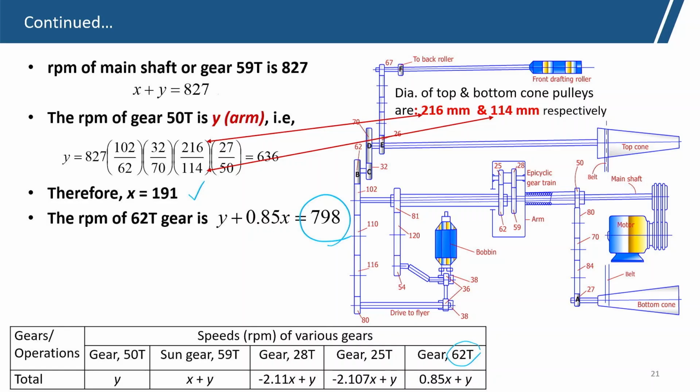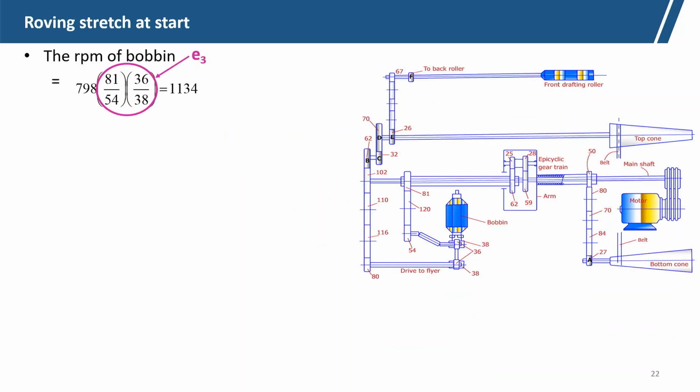798 is the speed of this gear 62 output, and from there, if we know the gear ratio from the output of the epicyclic gear to the bobbin. So, this is actually E3, that is the epicyclic gear ratio, plus the ratio from the epicyclic gear output to the bobbin.